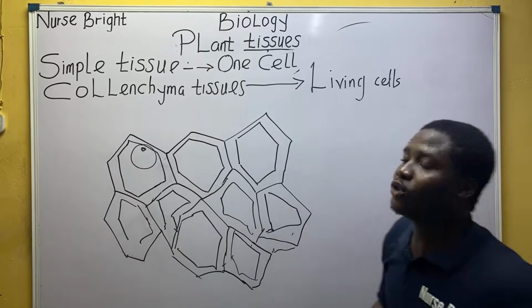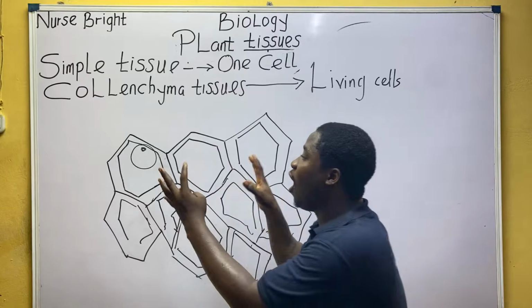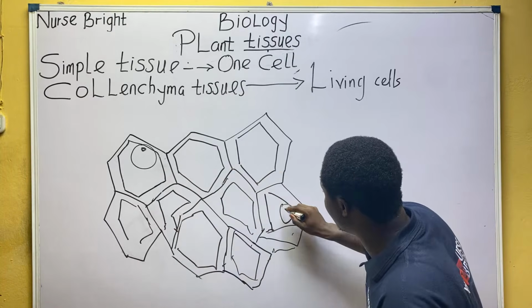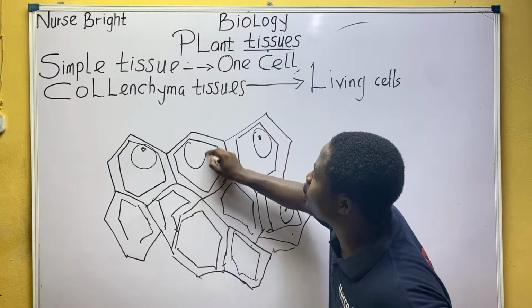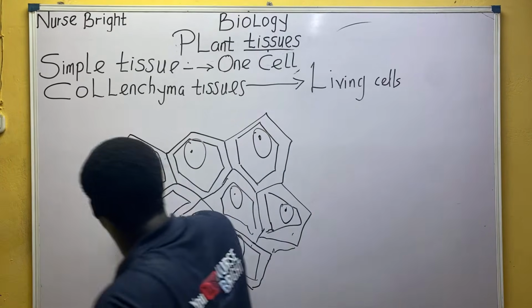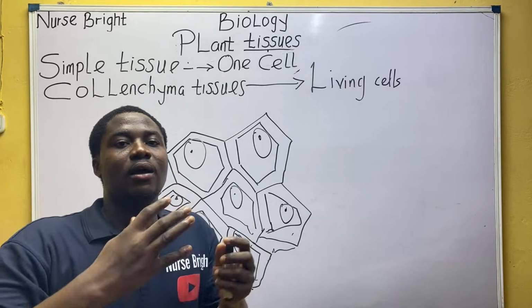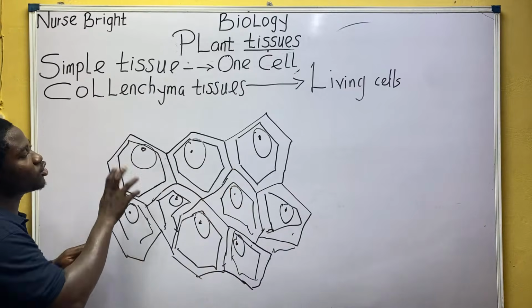All these things are cells, right? They are all cells. So unevenly thickened cell wall simply means that the part of it that connects with another cell is thicker than the part that does not connect with another cell.